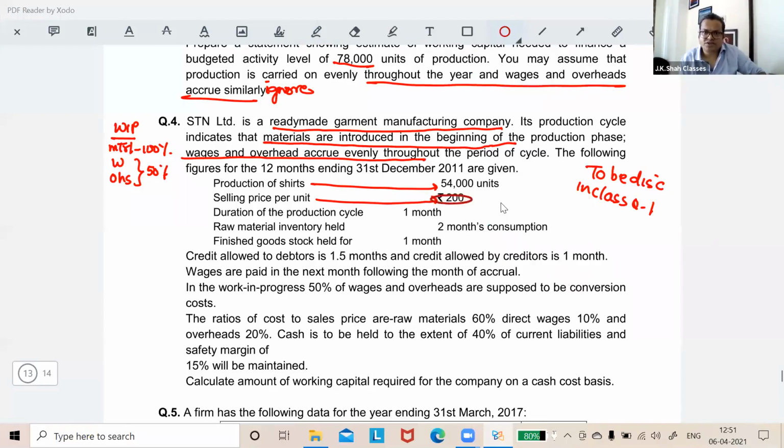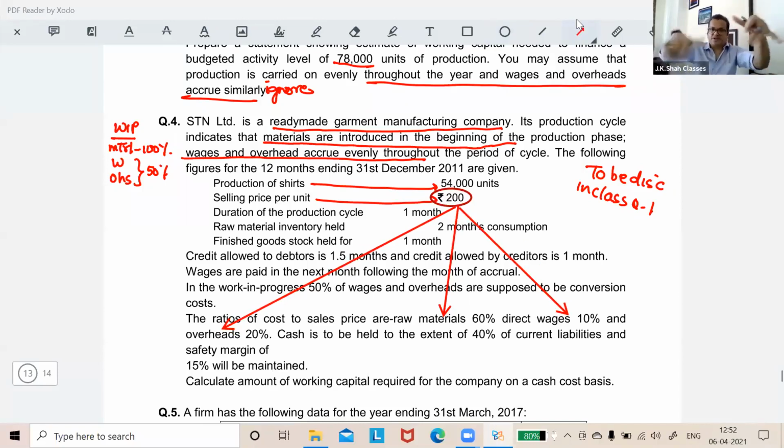This 200 rupees is the selling price per unit. Out of this 200, we are told that 60% is material, wages 10% and overheads 20%. Again, this bifurcation follows the same pattern.